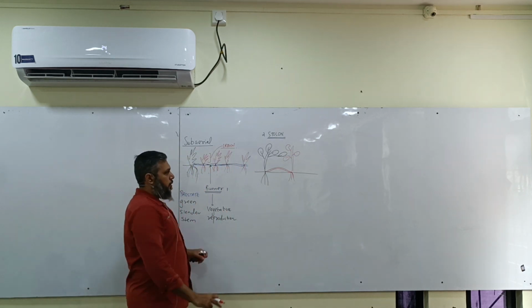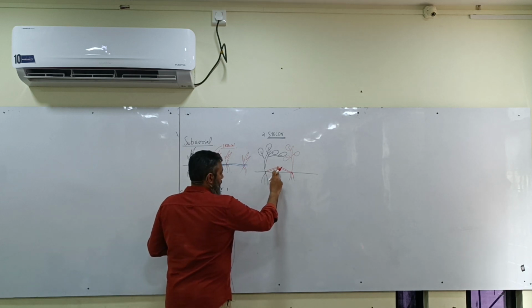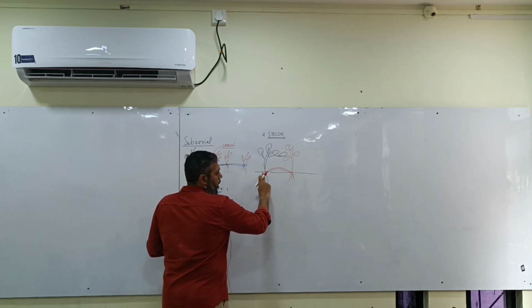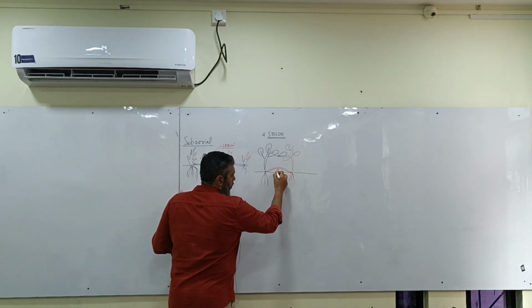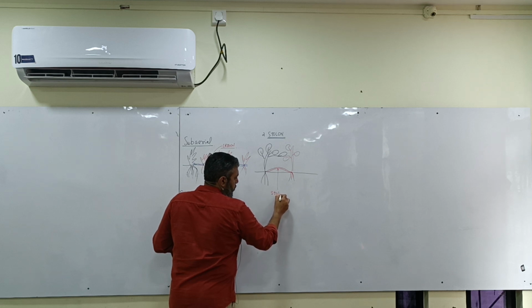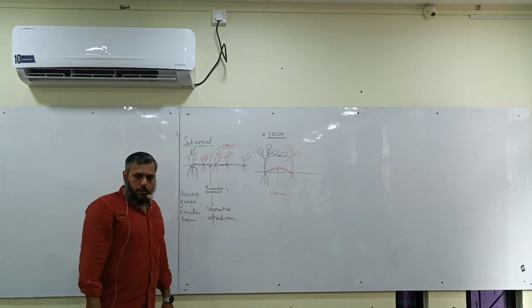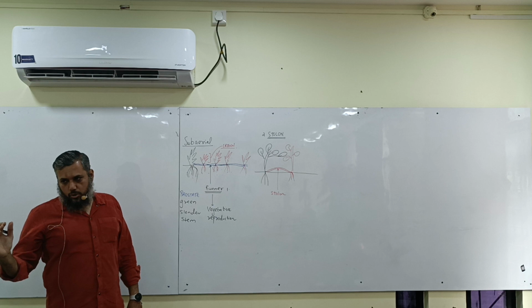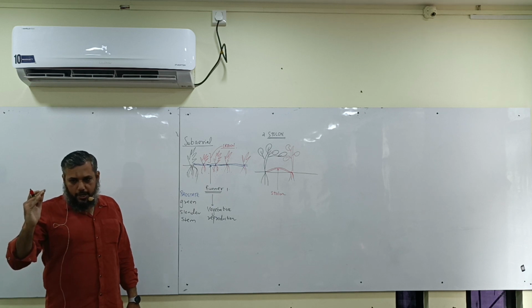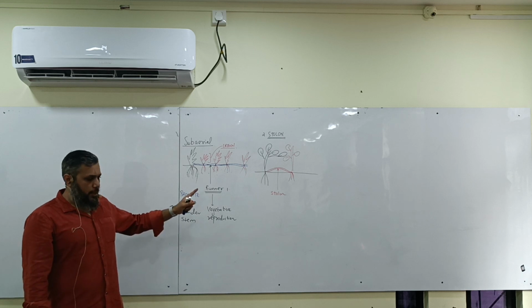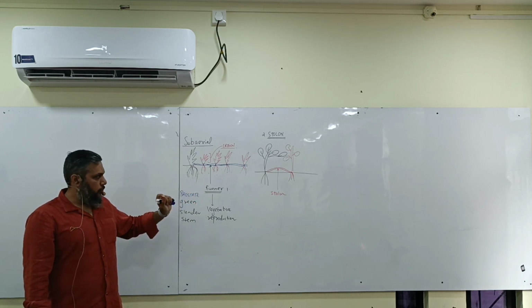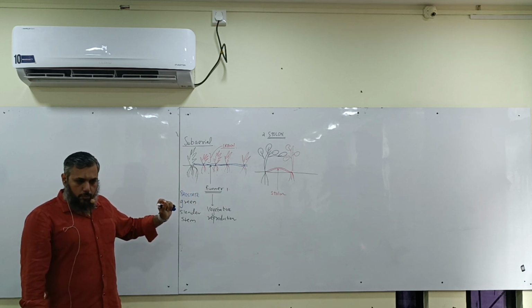So such a green slender stem which arches up and comes down after one internode length will be called a stolon. Such a runner जो ऊपर जाके एक इंटरनोड लेंथ के बाद फिर से सॉइल को टच करता है, उसको हम क्या कहते हैं? Stolon. I hope you got my point.